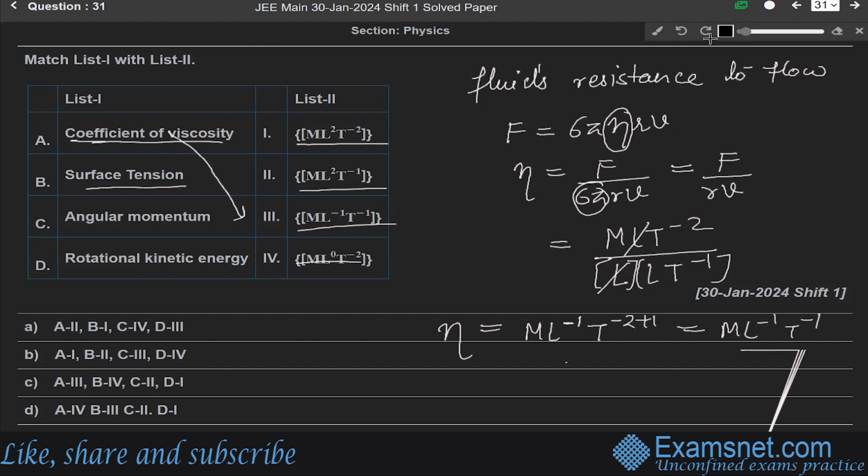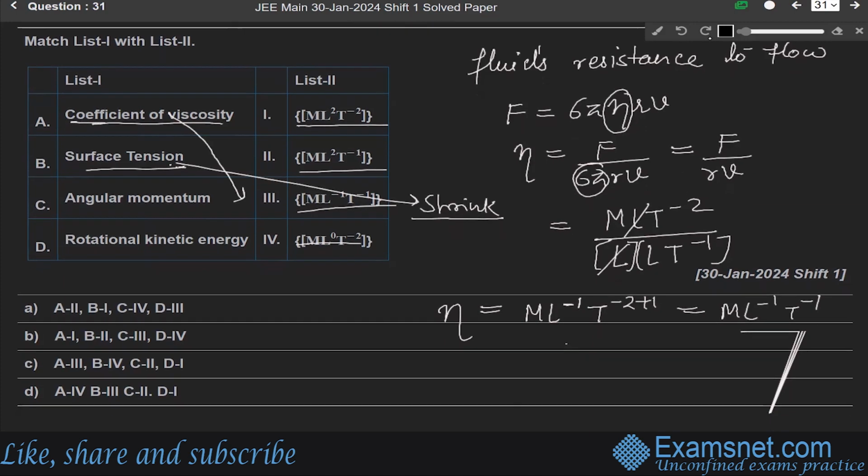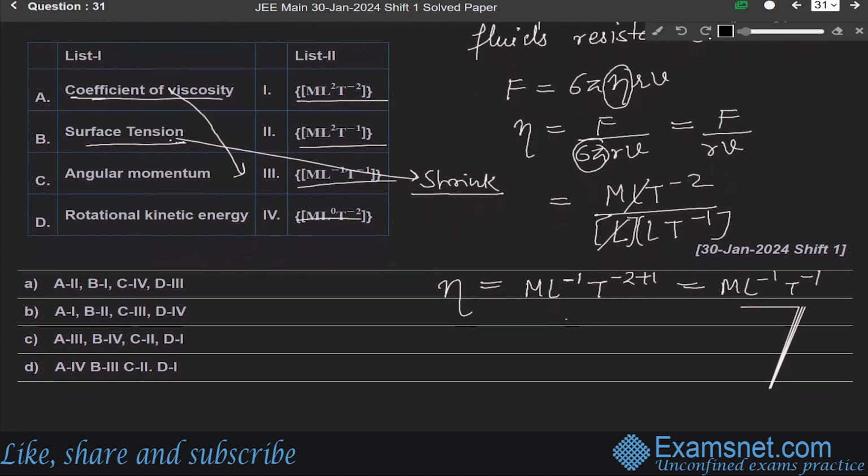Now the next one is surface tension. Surface tension is the tendency of a liquid surface to shrink into the smallest possible area. It is also known as interfacial force. So the dimension for surface tension is force over length.